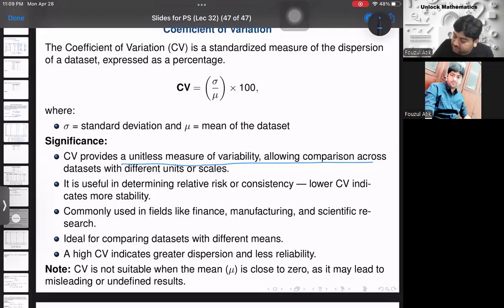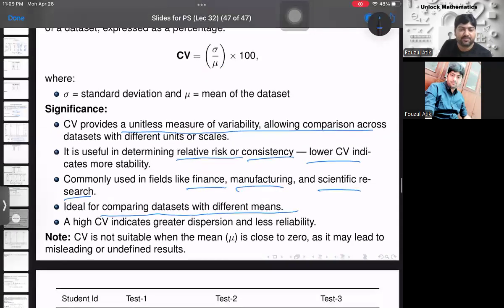It is also useful in determining risk and consistency. Like the variance, it also determines the risk. If the CV value is more, that means risk is more. If the CV value is less, that means it is more consistent, more stable. It is used in finance, manufacturing, scientific research, and many other places, and it is ideal for comparing data sets with different means.